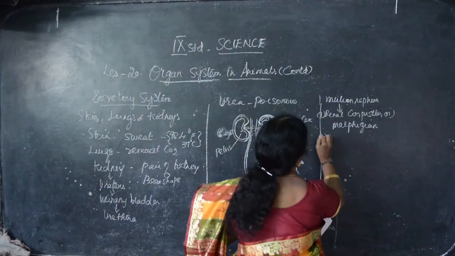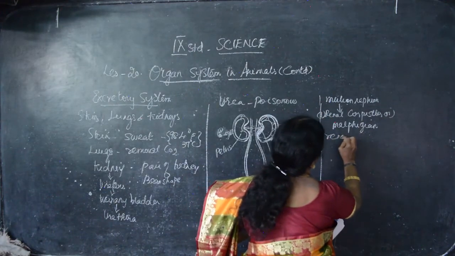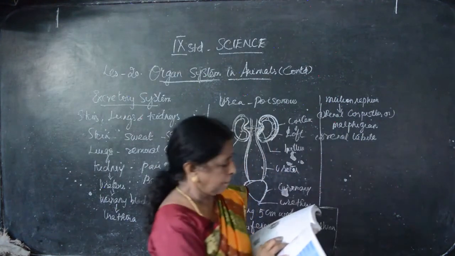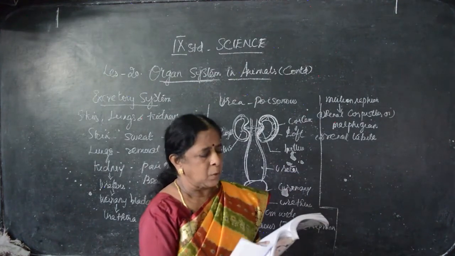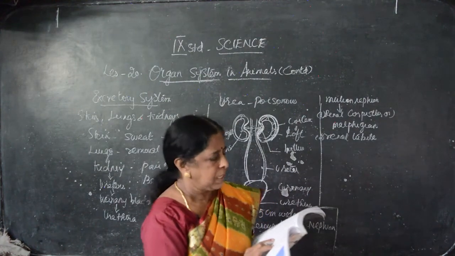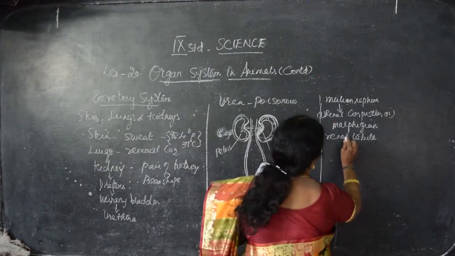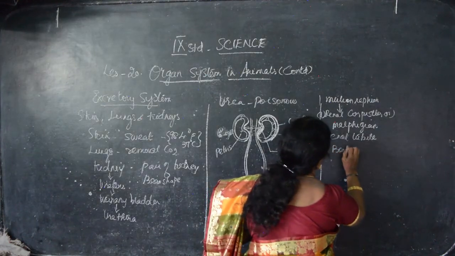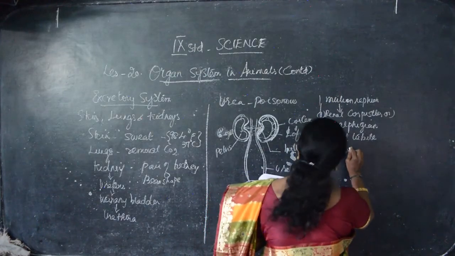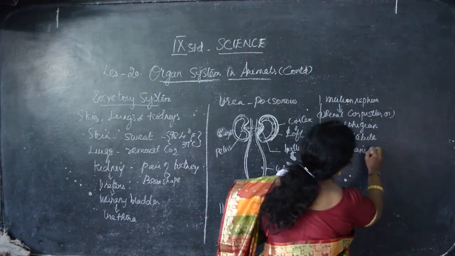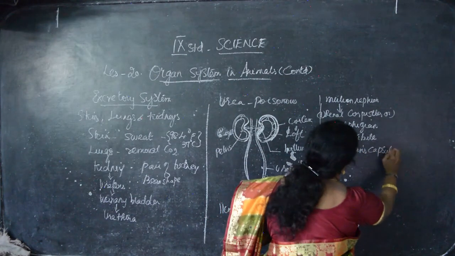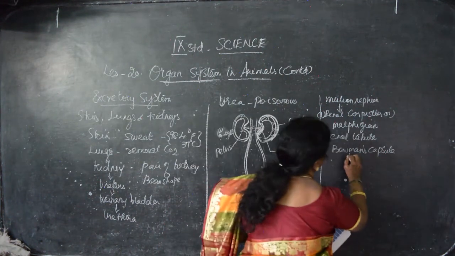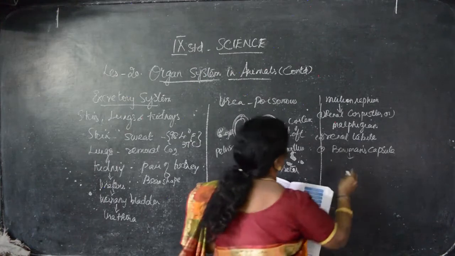One is the renal corpuscle, the other is the renal tubule. The renal corpuscle consists of a cup-shaped structure that is known as what? Bowman's capsule. It looks like a bowl. It contains a bunch of capillaries that is known as the glomerulus.